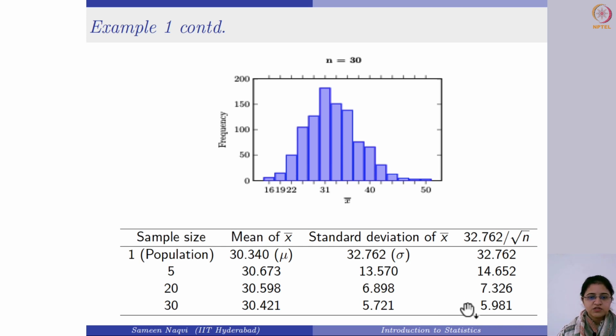In each case, the expectation of X bar, the mean, remains approximately the same in all three scenarios, but the standard deviation is getting divided by root n every time. That is what we saw earlier: expectation of X bar is mu, but variance of the sample mean becomes sigma square by n. Here also we observe the same thing.